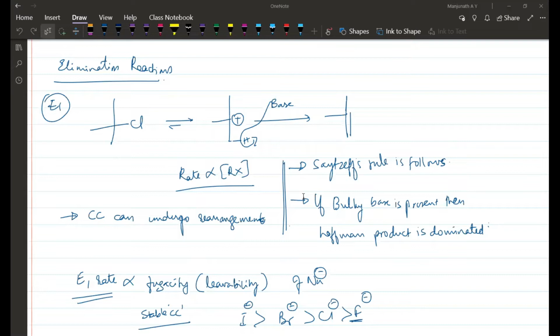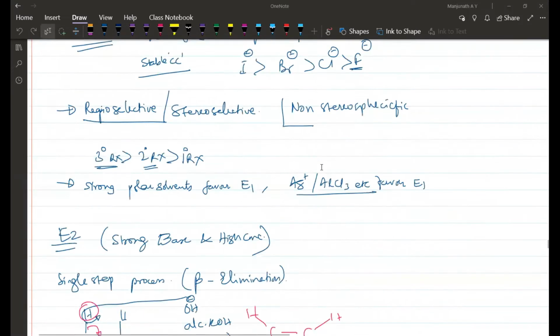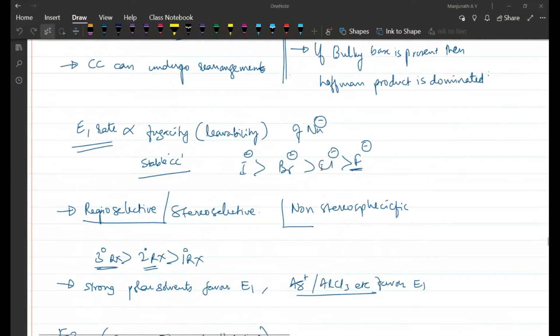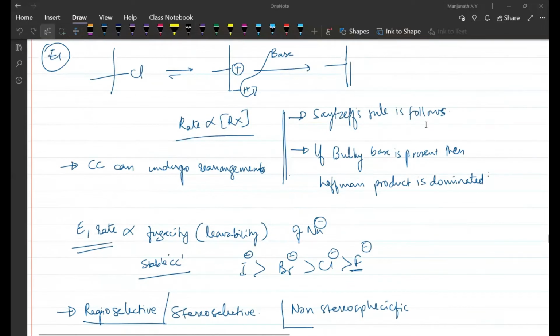This can give rise to two types of products, one is Saytzeff product, another one is Hofmann's product. We have seen Saytzeff's rule is generally followed, unless it is a bulky base, then we have what is called Hofmann's elimination.